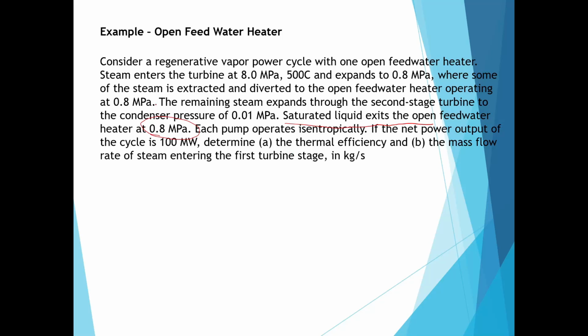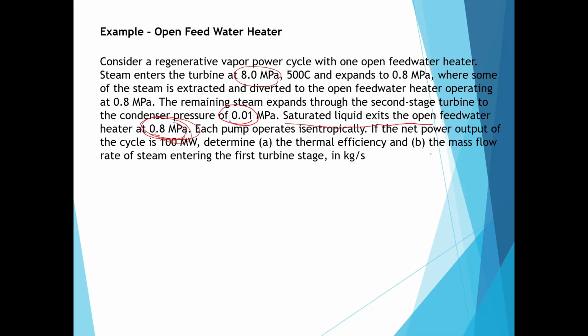One pump needs to pressurize from the 0.01 condenser pressure to 0.8 megapascal, and the second pump pressurizes from 0.8 to 8 megapascal, right? That means there are two pumps, and each pump operates isentropically.